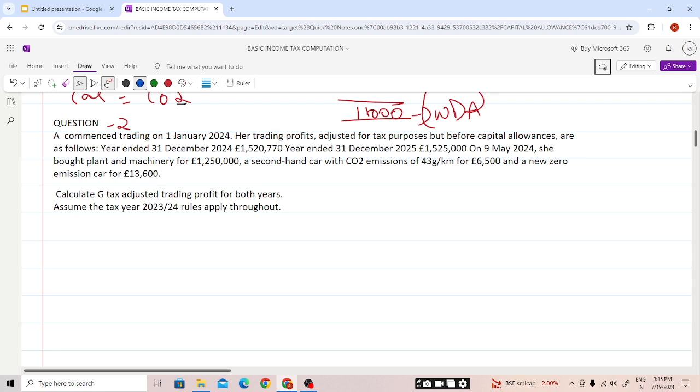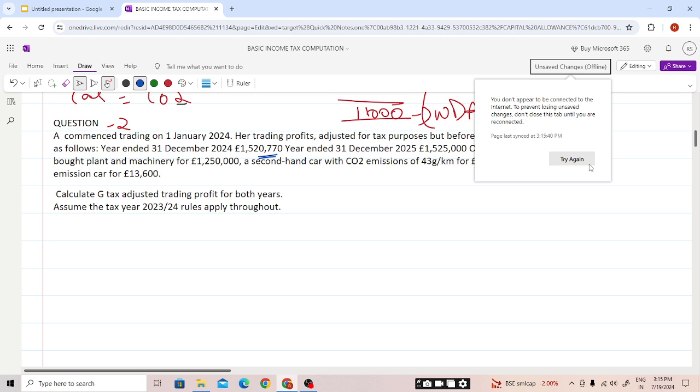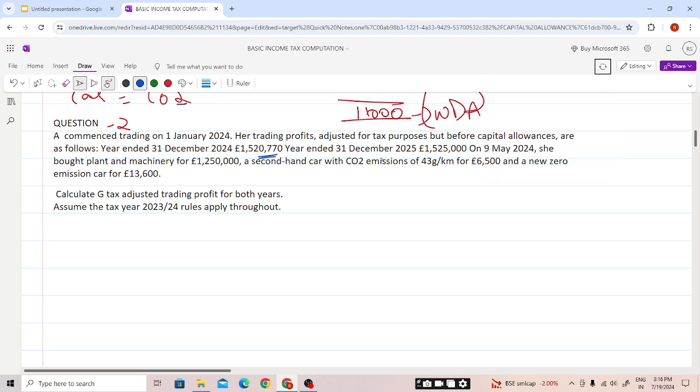Her trading profits adjusted for tax purpose but before capital allowance are as follows. Year ended 31st December 2024 is this amount. I hope this is clear. Year ended 31st December 2025 is this profit before the adjustment of capital allowances.